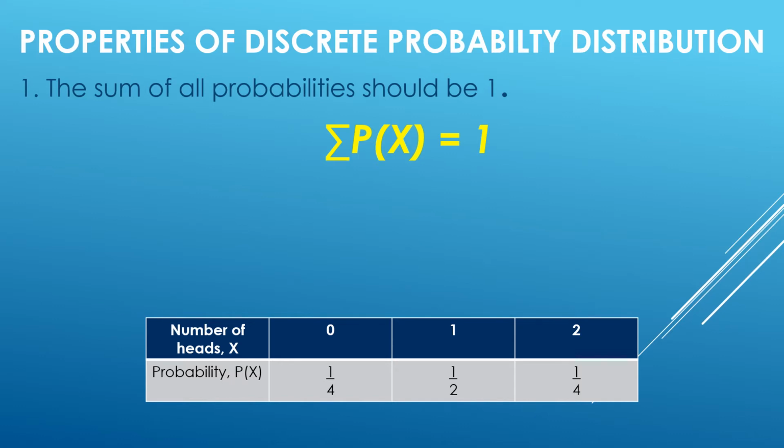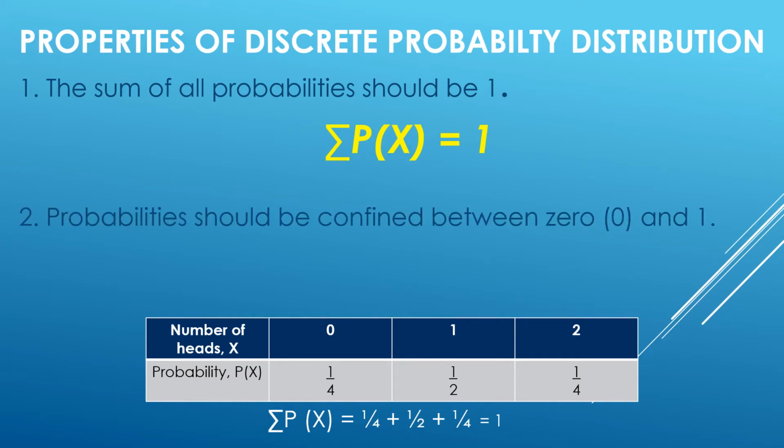We will check whether the sum of the probabilities is equal to 1. So the summation of p of x is equal to 1/4 plus 1/2 plus 1/4. Would that be equal to 1? Yes, it is equal to 1. If you're going to add all of them, that is equal to 1. So it satisfies the first property.